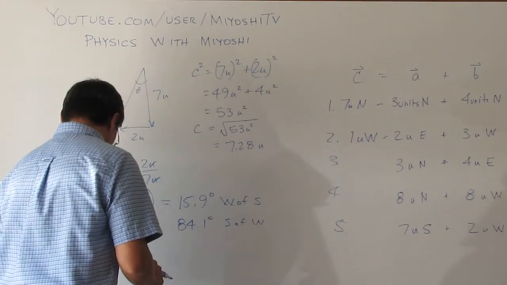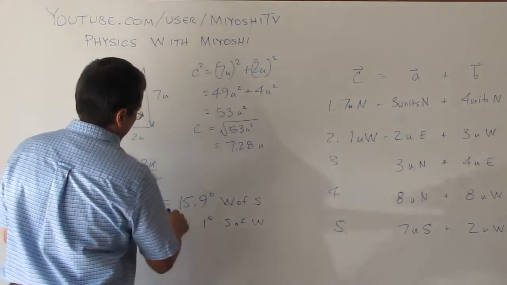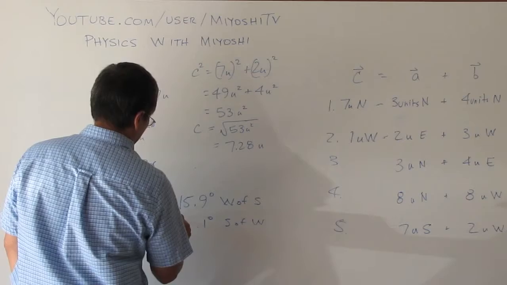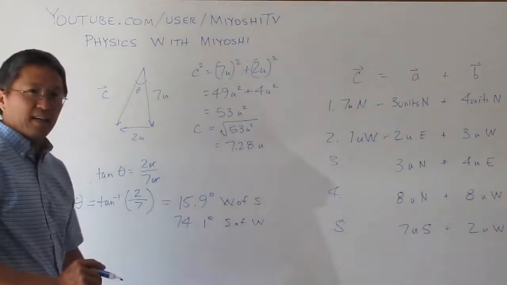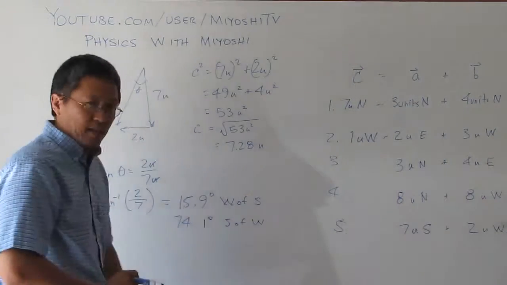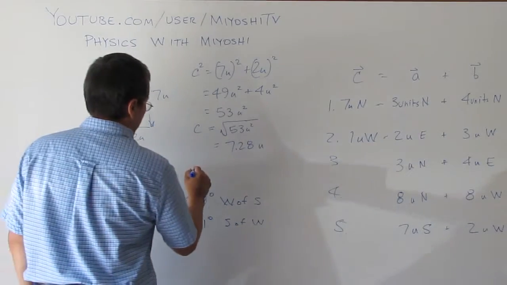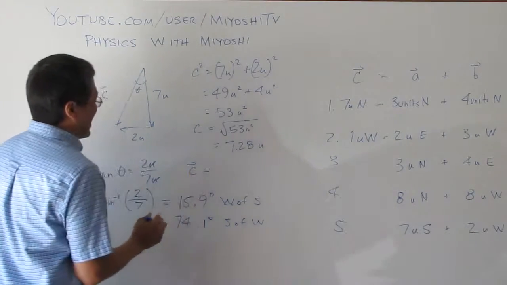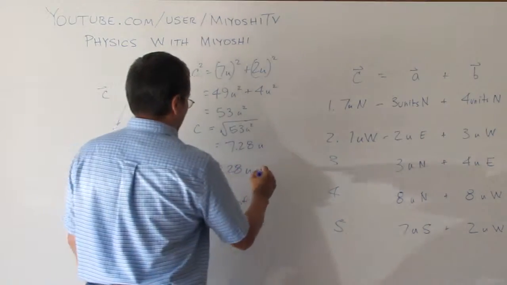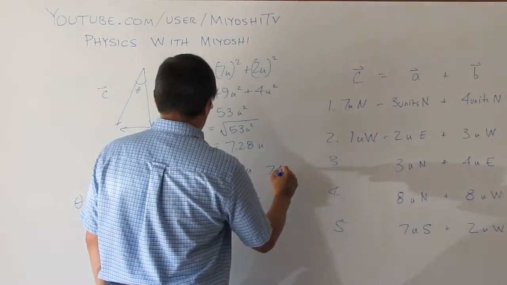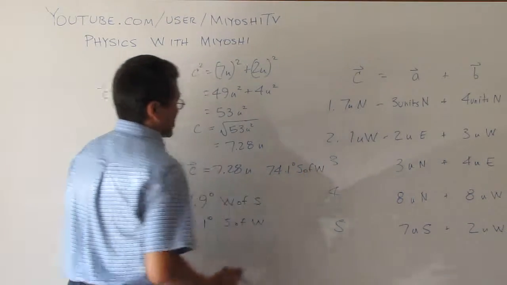Because 90 minus 15.9. Oh, you're right, that's way off. 74.1. Is that better? Mm-hmm. My cameraman, also my son, Peter, is back there correcting me, as all students should do. At least my students. So C is 7.28 units at 74.1 degrees south of west.